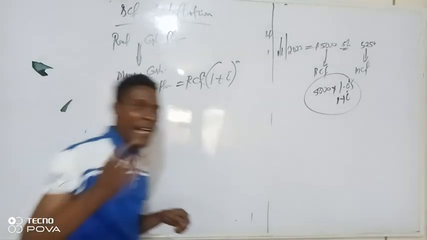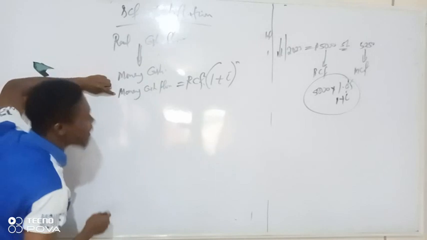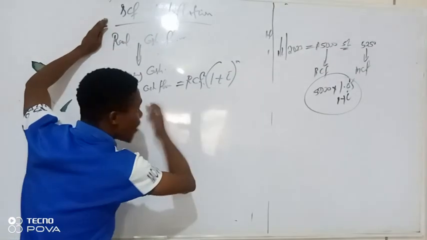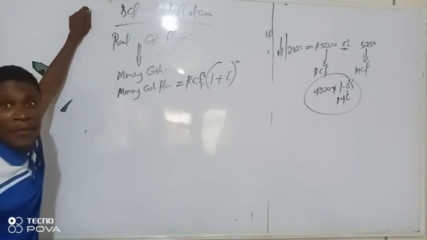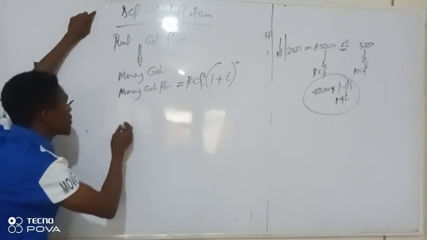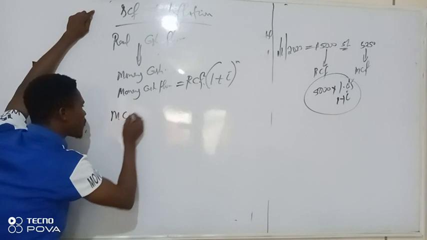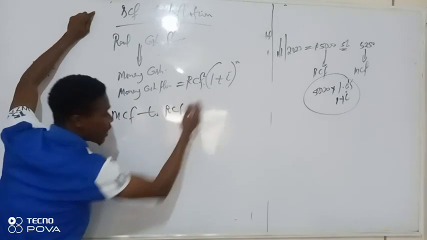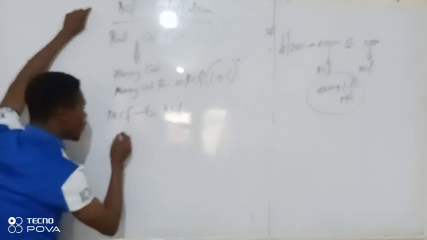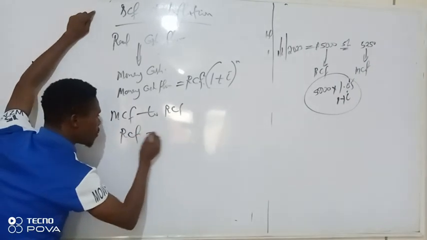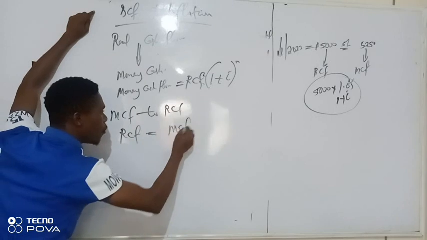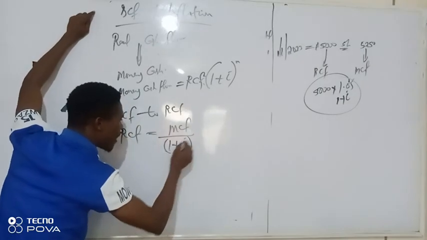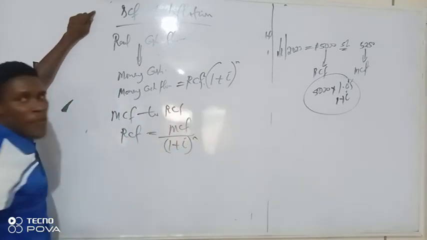But the other way around, if I have money cash flow and I want to convert to real, I can use this formula again. You can make your real cash flow the subject of the formula. If I want to convert money cash flow to real cash flow, from this equation your real cash flow is equal to money cash flow divided by 1 plus inflation raised to the power n, the number of years.